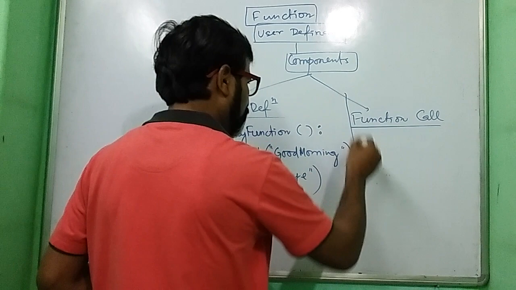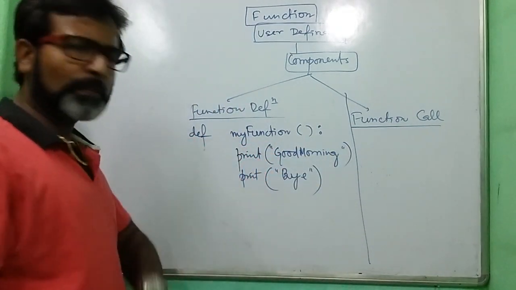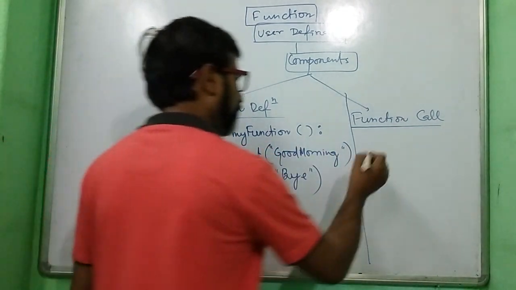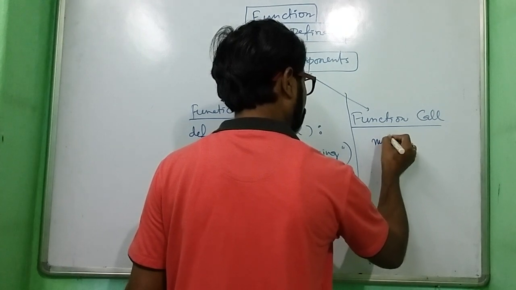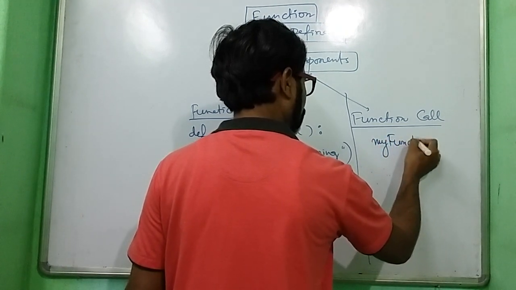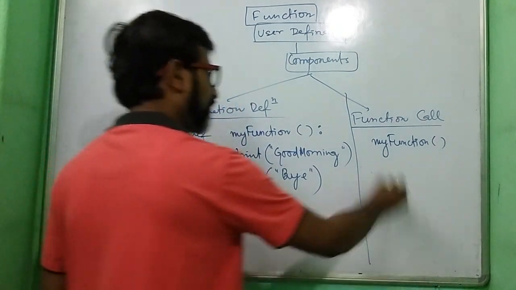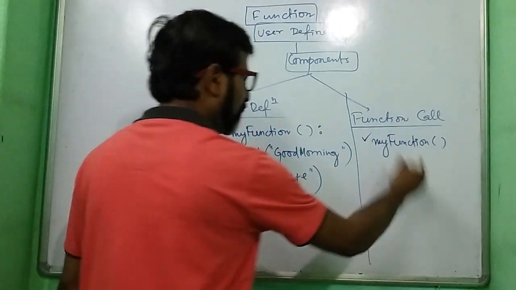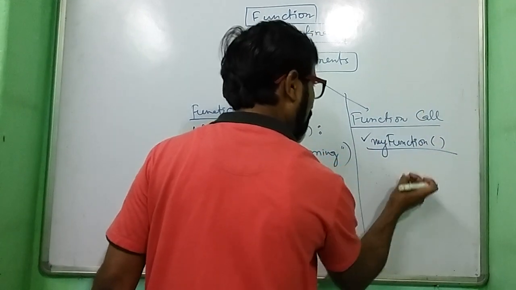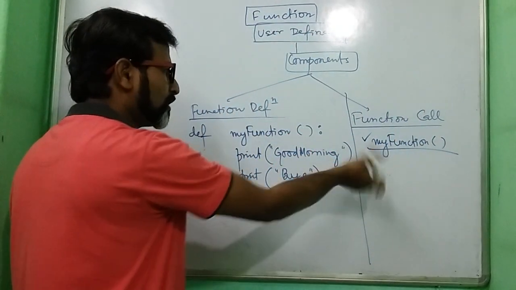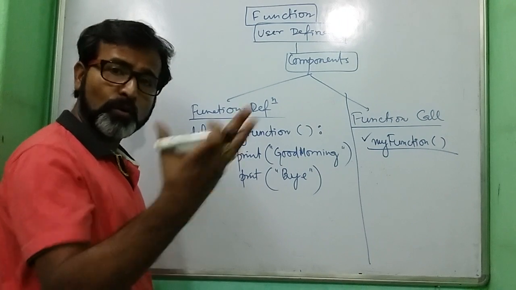Now come to function call. Later part of the program, if I write, okay, just write my function. Whenever I write my function, basically I am invoking this function, that is called invocation or calling.